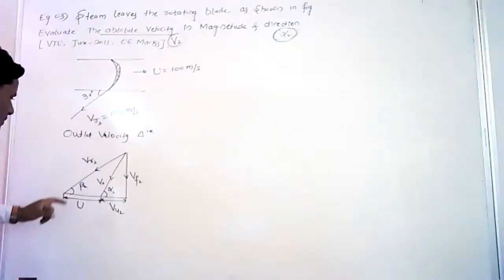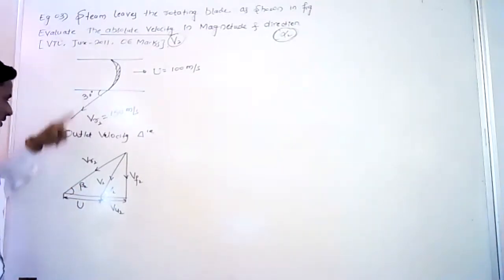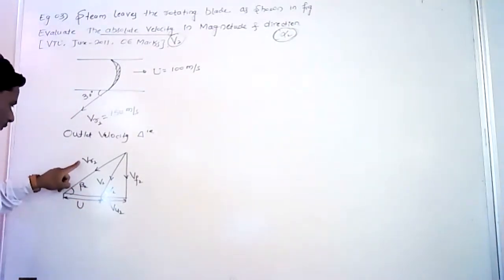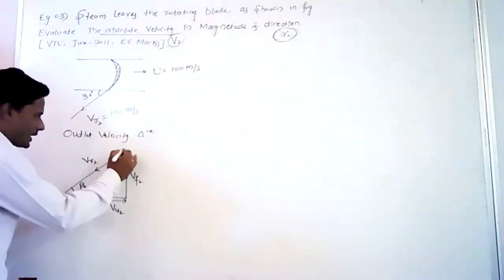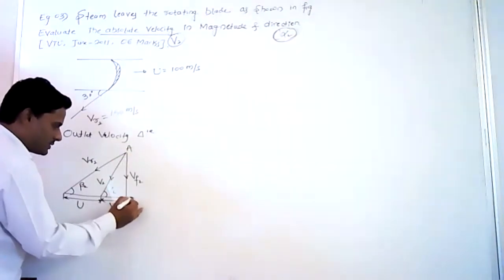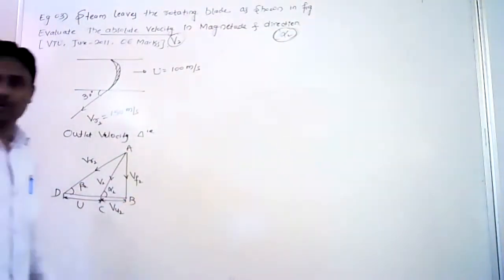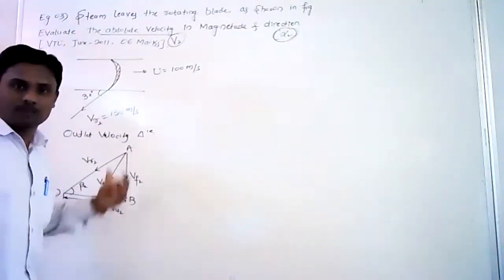Fine. So here you know the value of VR2, you know the value of beta 2 as well, because 30 degrees is given already, and u is also known. If we take the triangle ACD, how do you get the value of V2? Just now we have seen in the previous numerical.